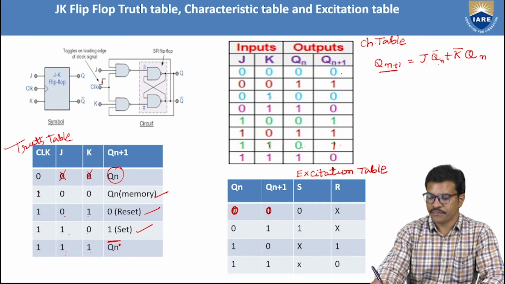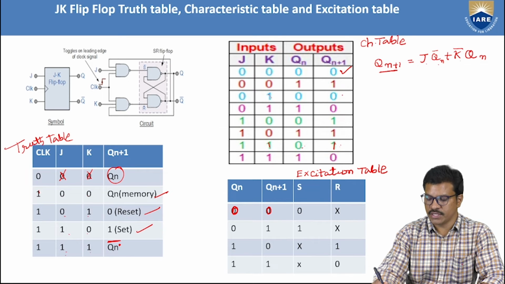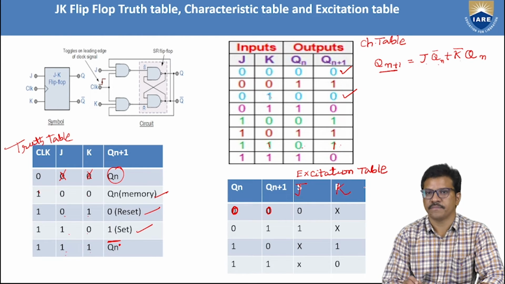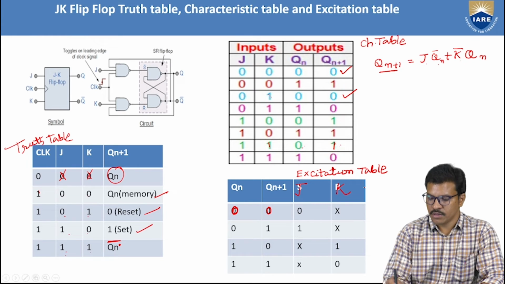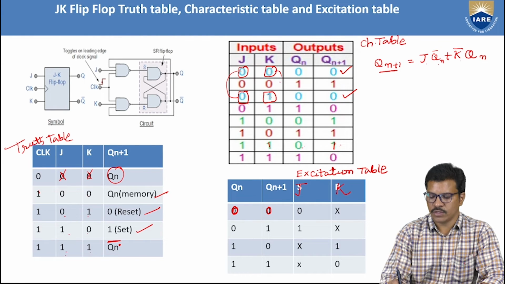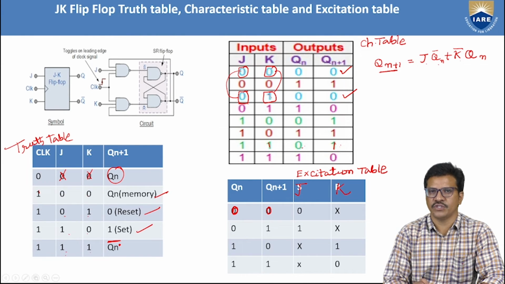If you see Qn 0, Qn plus 1 0, these two cases, what will be the combination of J and K? J 0, 0, K 0, K 1. J values remain the same, K values transfer from 0 to 1.